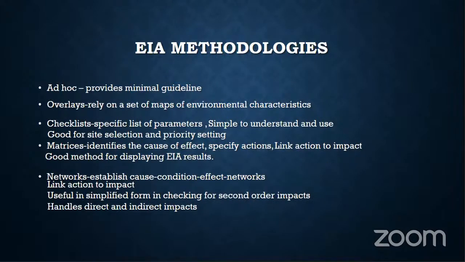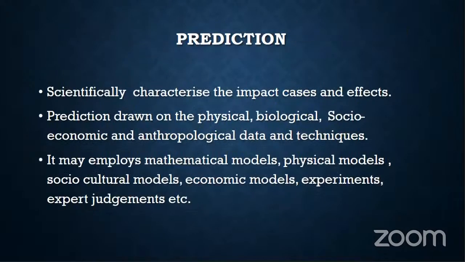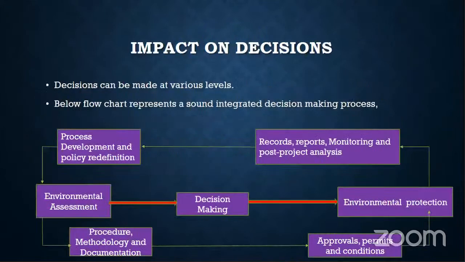Your decision may be in the right way, or it may be wrong, so we need to check that. Whether the decision is taken in the right way, or it has some adverse effect, we need to account for here. Decisions can be made at various levels.